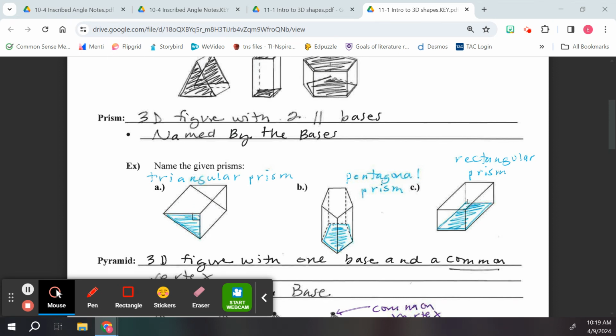Questions on this so far? Is this making sense? So prisms have those two parallel bases, okay?